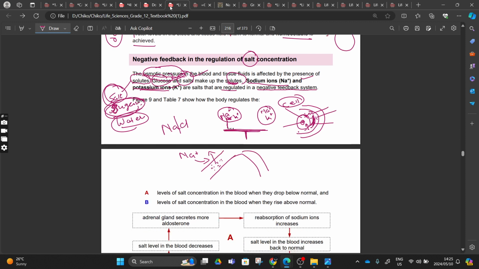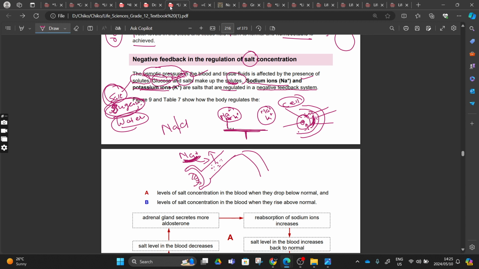Okay, let's move there. Let me explain this for a second. Let's take this as a glomerulus, right? So if this is a glomerulus, this one will be releasing the sodium ion, right?